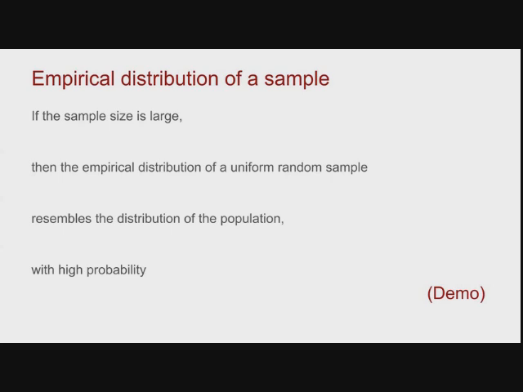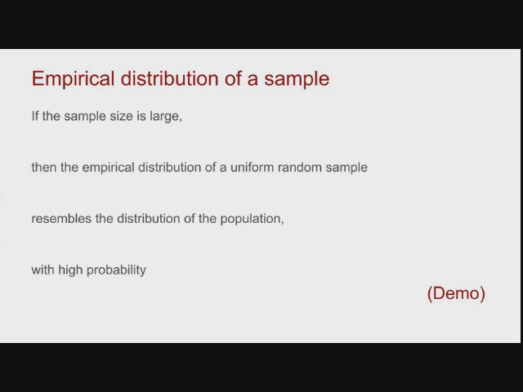This might sound a little bit vague, but what I want you to keep in mind here is that if you have a large sample, and then I take a uniform random sample, and remember we can do the random sample in Python, where each record has the same chance of being selected, and I look at the empirical distribution of that sample, then what we're gonna see is that the empirical distribution of your sample actually resembles the distribution of the population with high probability.